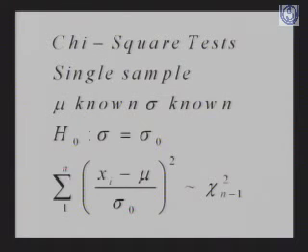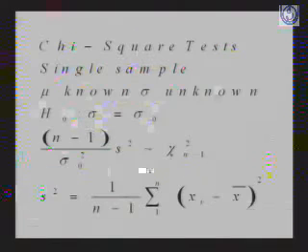So using that quantity which I know, if I divide it and square it and sum all the variables, this is now distributed as chi-square with n minus 1 degrees of freedom. So this result will be helpful to me for testing the hypothesis that the population standard deviation sigma is some value sigma naught.